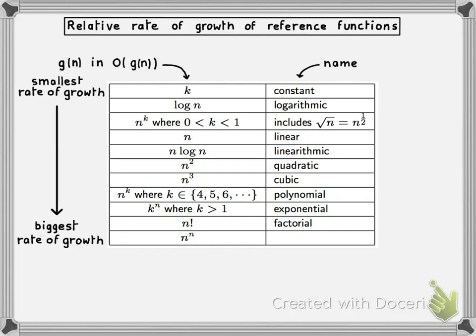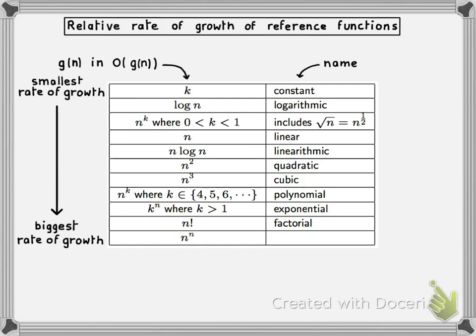First, let's review what we already know about reference functions. The logarithmic function is upper bounded by the linear function, which is upper bounded by the linearithmic function, which doesn't grow as fast as any of the polynomial functions of degree 2 and larger. All of the polynomial functions are upper bounded by all of the exponential functions, whatever the value of the base k is.